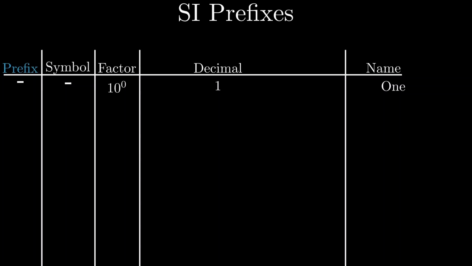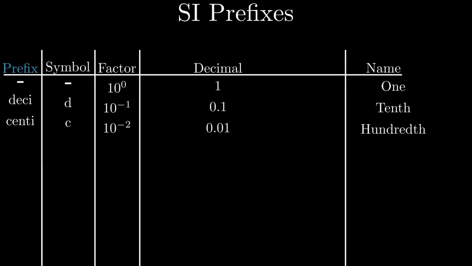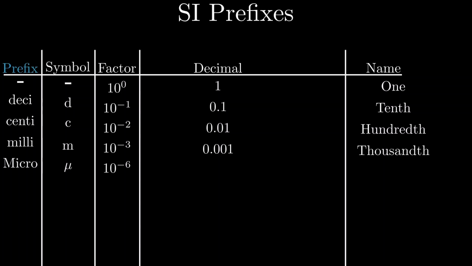Okay, so let's start with 1. And then we have deci, which you've already seen as a tenth. So deci is 10 to the negative 1. Centi is 10 to the negative 2, which is a hundredth. And then milli is 10 to the negative 3, and that's a thousandth.